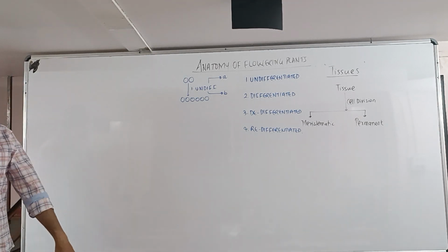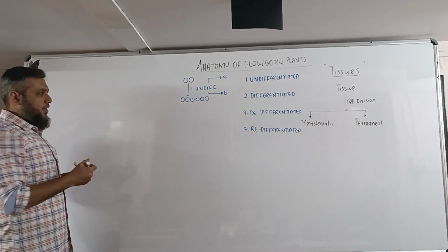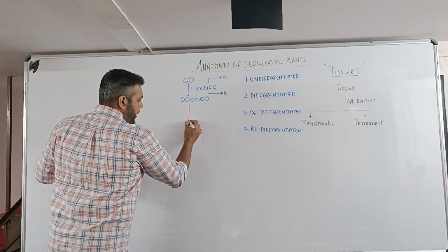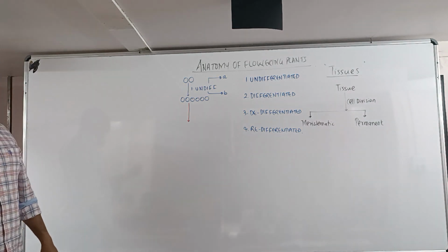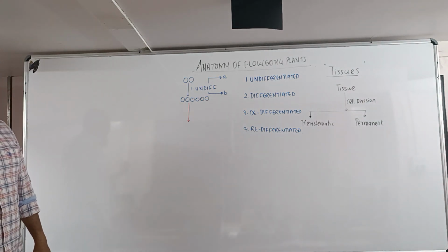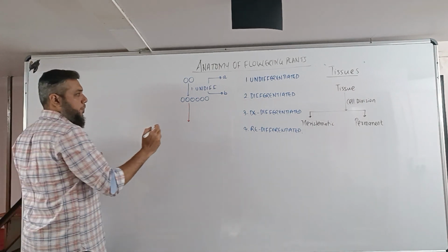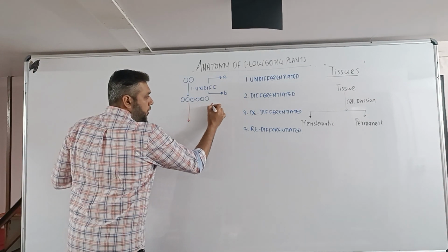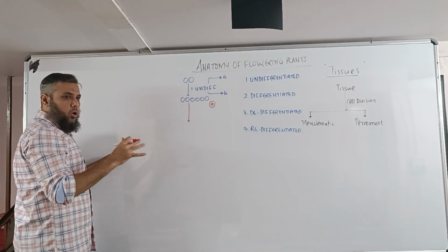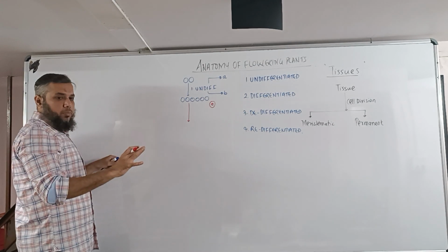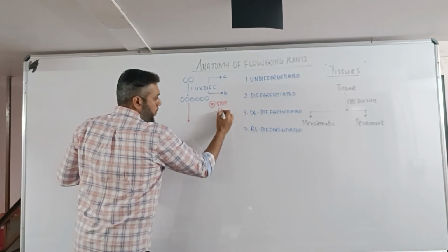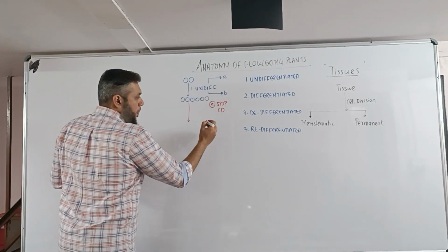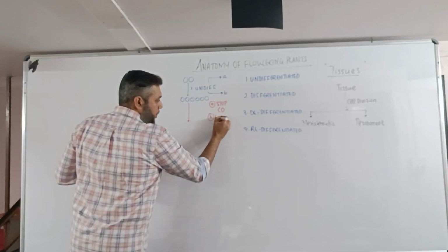Should I proceed further? Now the cells are like, what is this life? How long will we stay like this? We want to do specialized work. We want to take up responsibility. We want to take up some specific function. So let's do one thing. We will temporarily or permanently stop the process of cell division and take up specific work.